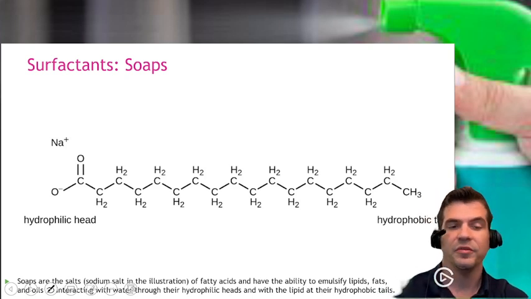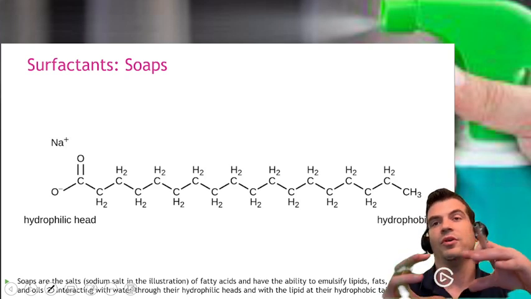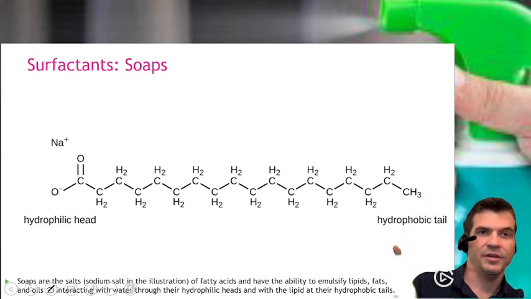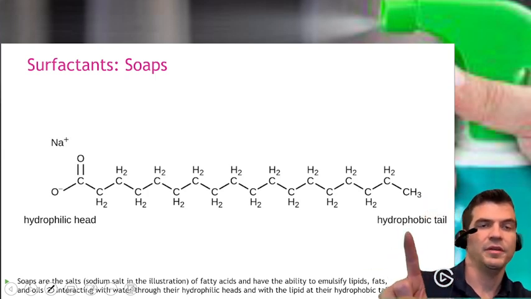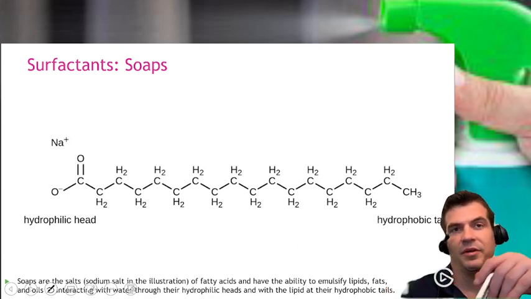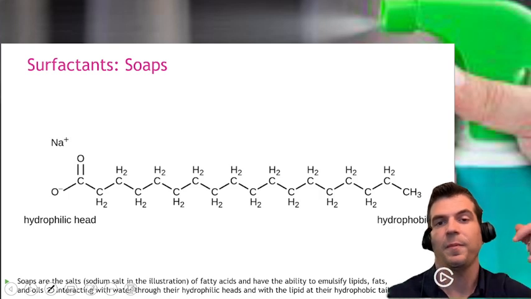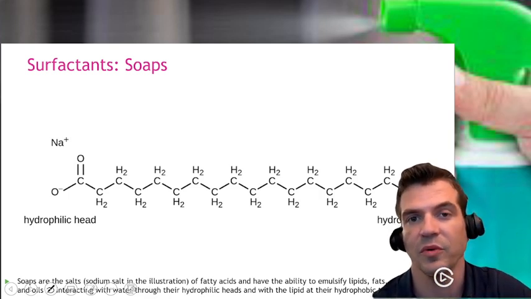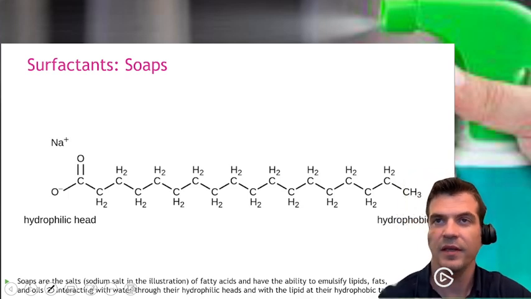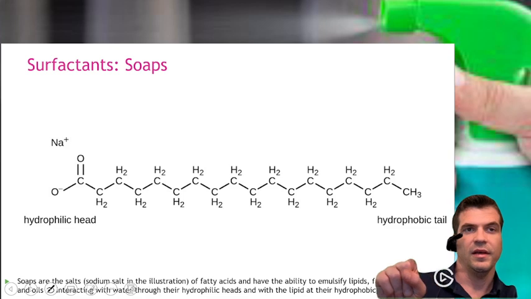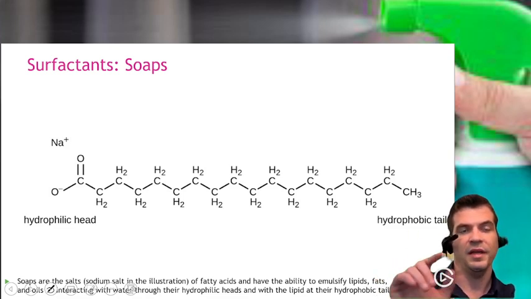Surfactants, okay, surfactants are these long molecules with a hydrophobic tail here. All right, they have a hydrophobic tail and they have a hydrophilic head. So they're very similar to the phospholipids that we use for the cell membrane. Okay, but in this case, we can take away hydrophobic things on our hands, like grease.